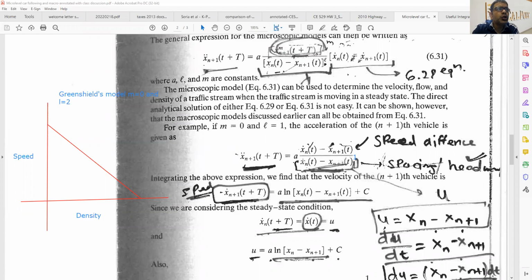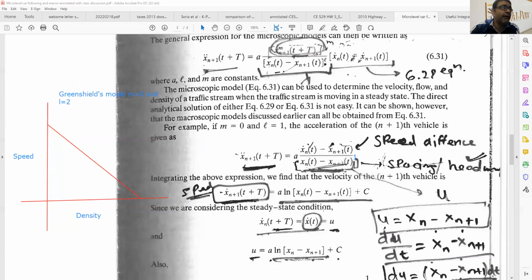Now this is the time where we're going to exercise that integration by substitution approach. So this is what I'm trying to tell you. If you assume a steady state and you can integrate this expression with respect to time, you can find the average speed of the followers.